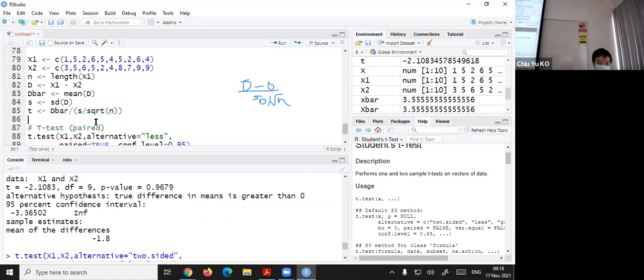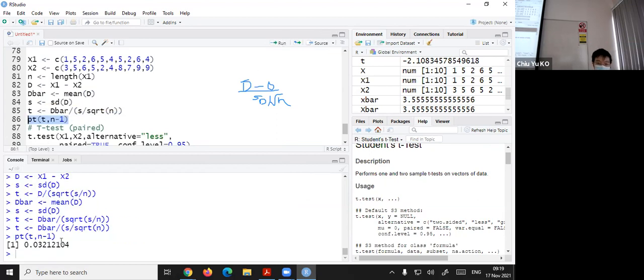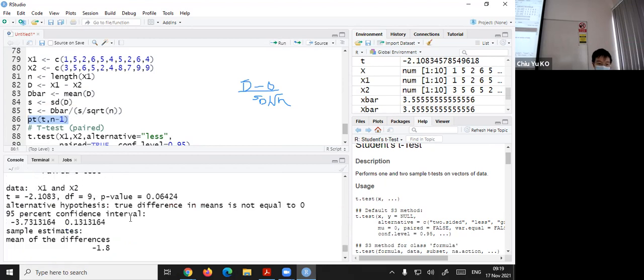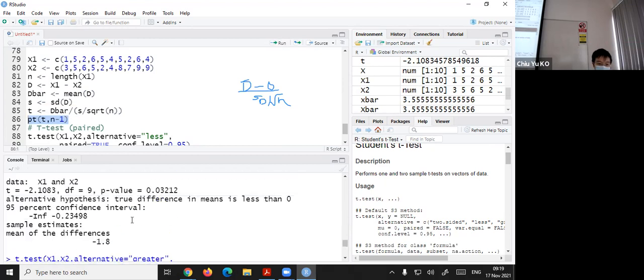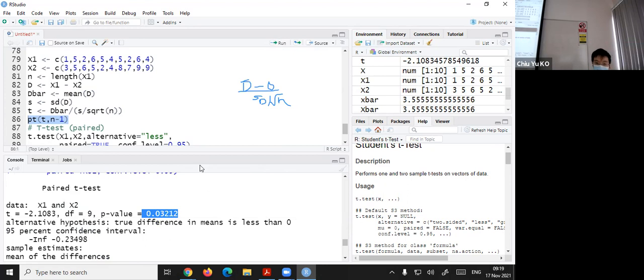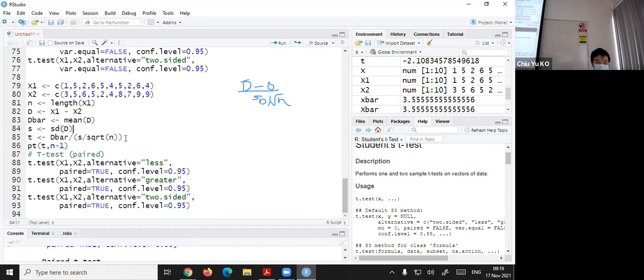And for the left tail and right tail, if you do the left tail, then it will be just pt, and you will be using this t, and the degrees of freedom is n minus 1. So this is the left tail. This number is the same as this number. So this is how you do it from scratch. This is exactly this formula.